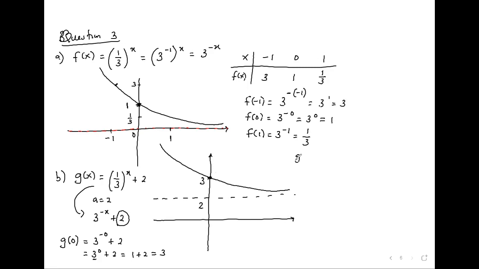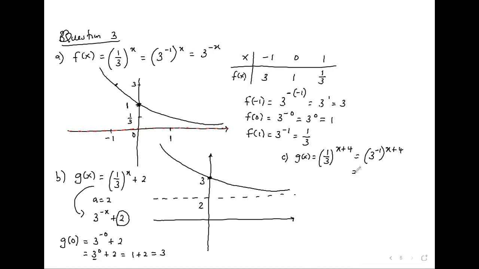So we always have an easy time there. Even when g of x is equal to 1/3 to the power x plus 4. Well, it's still the same thing. We can write this as 3 to the power negative 1, and then x plus 4 as the power.